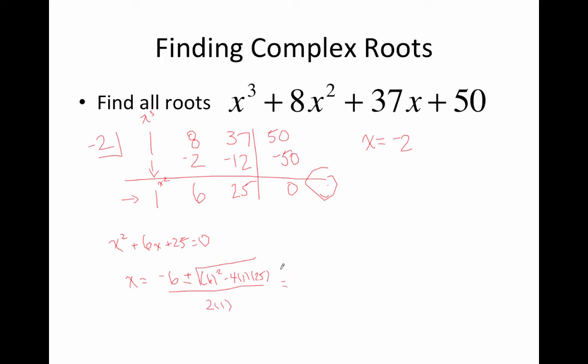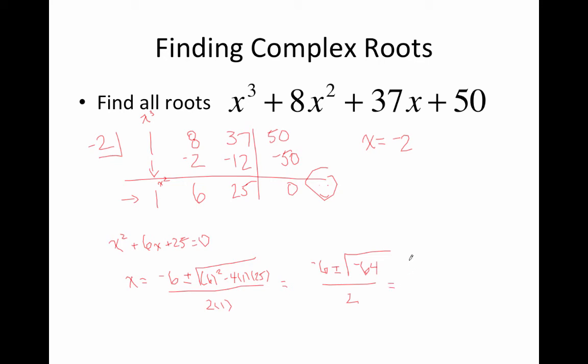All right. So if we want to get our discriminant, we'll do 6 squared is 36 minus 100 is going to be negative 64 all over 2. Rats, if it was positive 64, this would be nice. But it's negative 64, so I need i. Well, if it was 64, it would be 8.